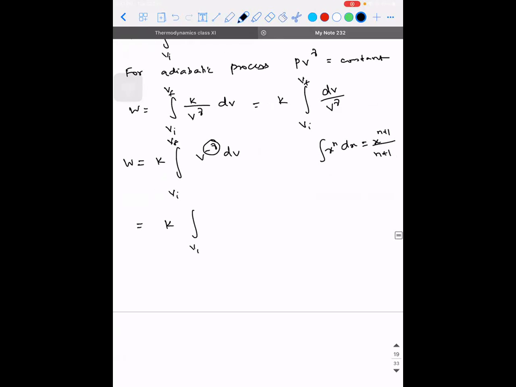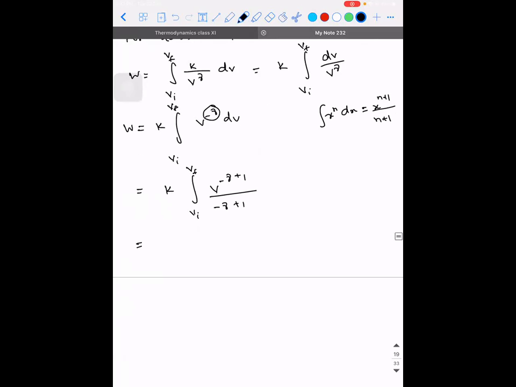K into V power minus gamma plus 1 divided by minus gamma plus 1, from Vi to V final. I can take minus gamma plus 1 out, writing it as 1 minus gamma, into V final power minus gamma plus 1 minus V initial power minus gamma plus 1.